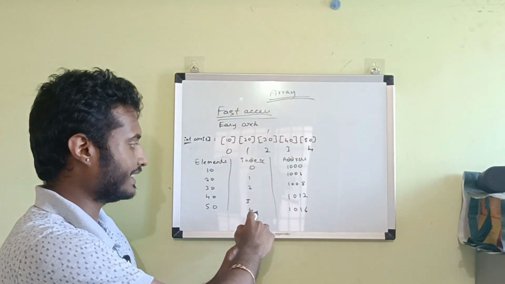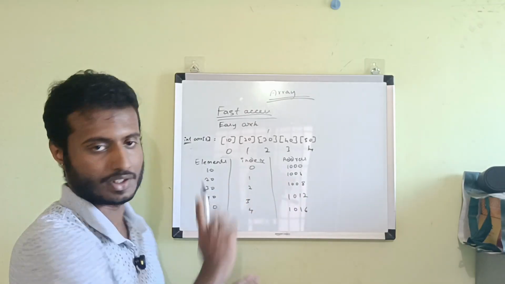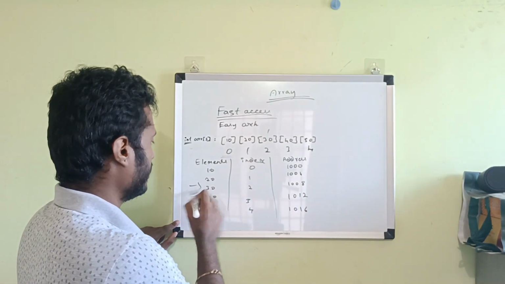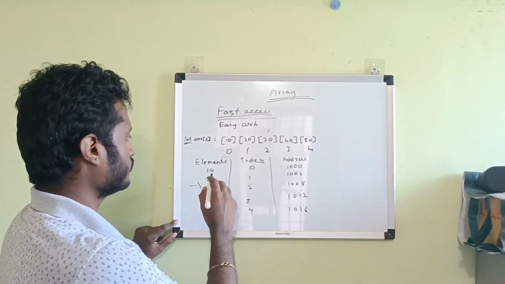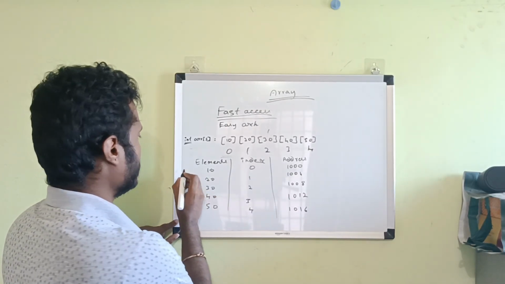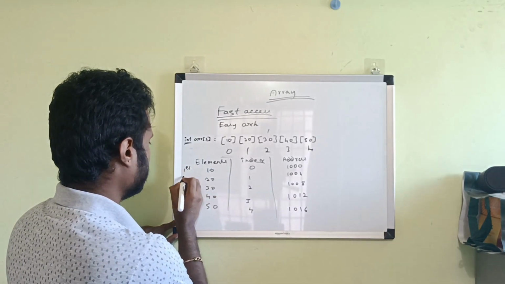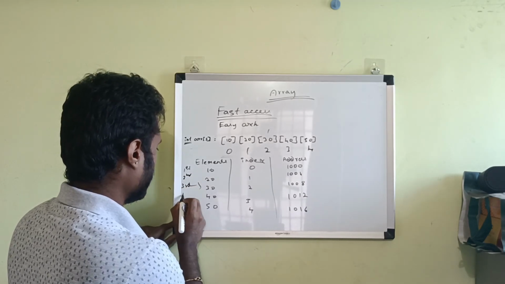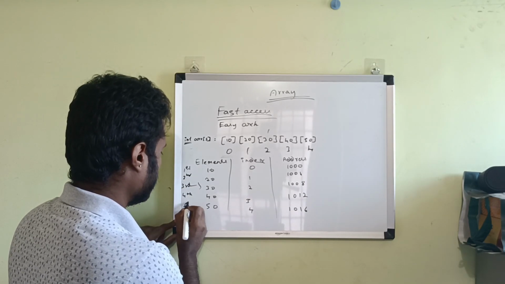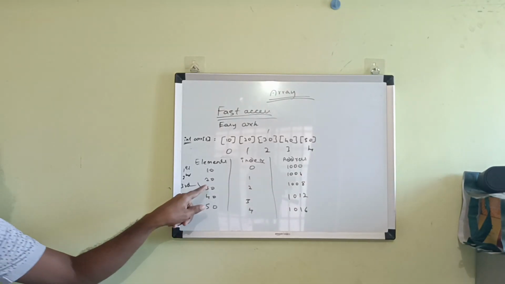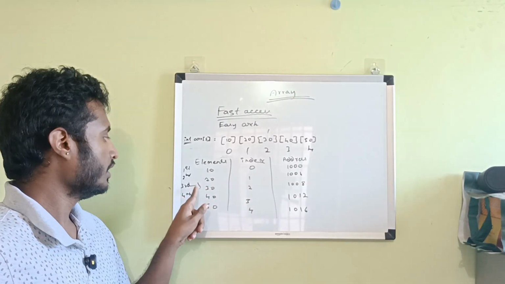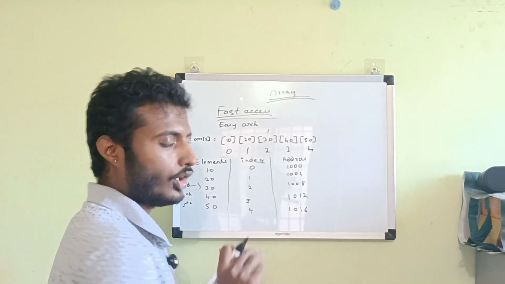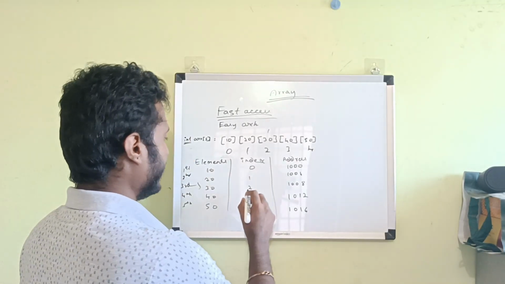This is for accessing, for getting the address. Imagine I want to know the address of the third element. This is first, second, third, fourth and fifth. We want to know what's inside the third element. To get the third element, we need index 2.